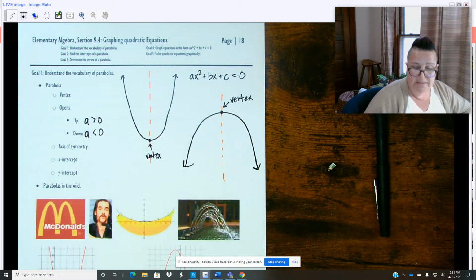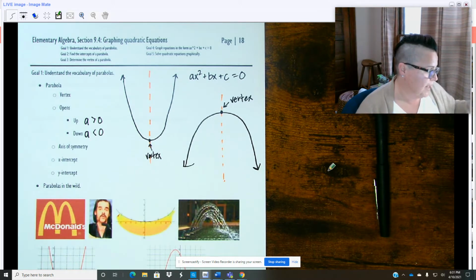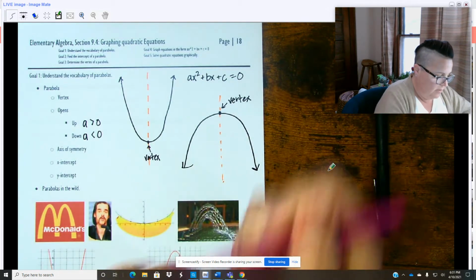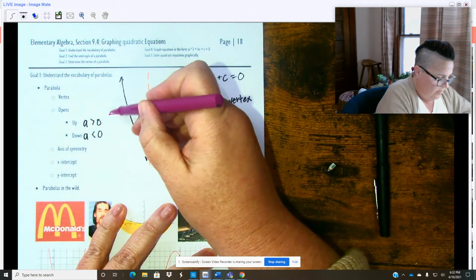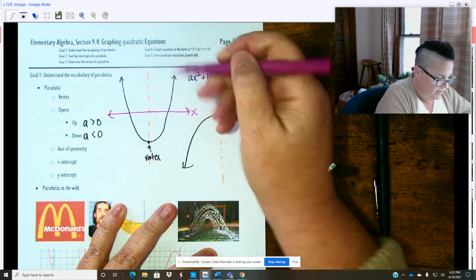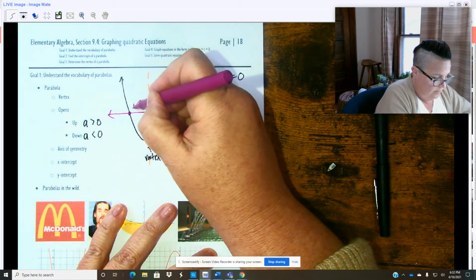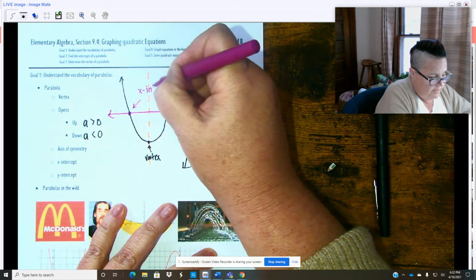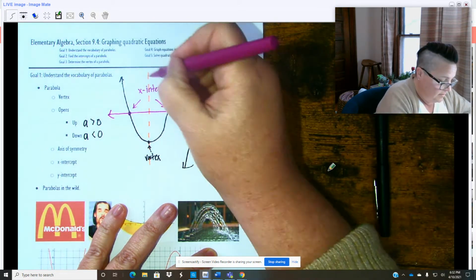Most parabolas, not all of them, but most of them also have what's known as an x and y intercept. So the x-intercept would be on a regular graph. If this is my x-axis, then the x-intercepts are the places where the parabola crosses the x-axis.